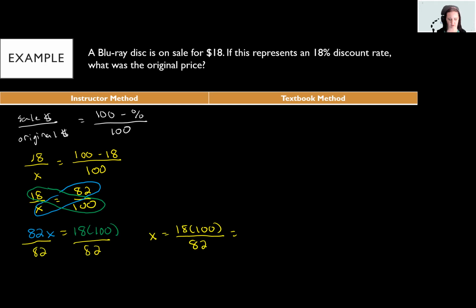And you can just stick that in your calculator. And so we get 21.9512. We get all these decimals, but you round it and it's 21.95. So $21.95. So that is the original price that we just solved for. So the original price was $21.95.